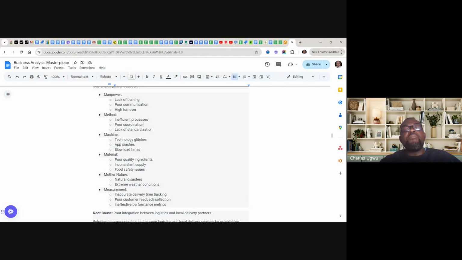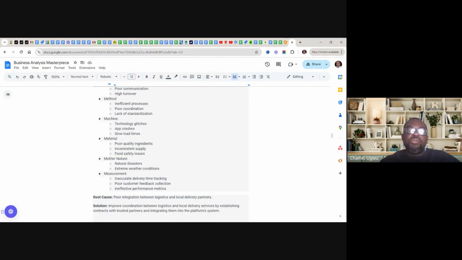So by the time all these things are being looked at, before we know it, we pin it down to a particular place. And looking at this, you see that there is poor integration between logistics and delivery partners.